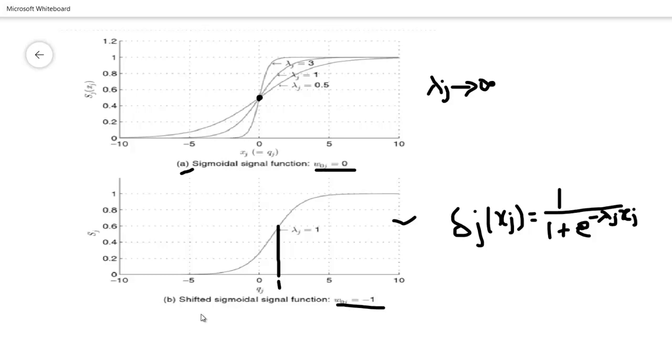In diagram B, the 0.5 signal crossing point has shifted right to the point qj equal to 1. What is 0.5? Here is the 0.5, where this intersection is done. These are the points you have to remember about the sigmoidal signal function. Thank you.